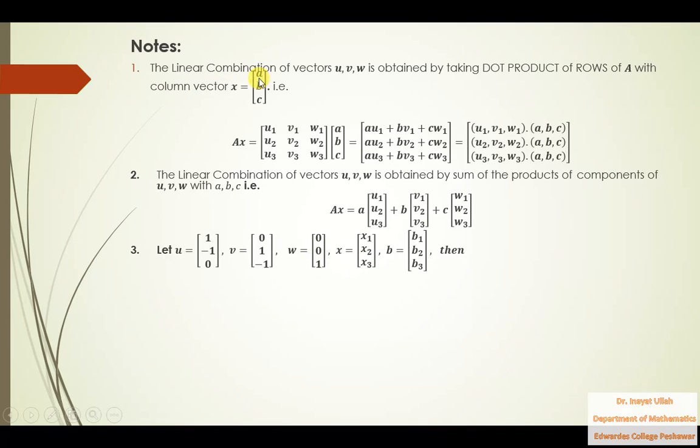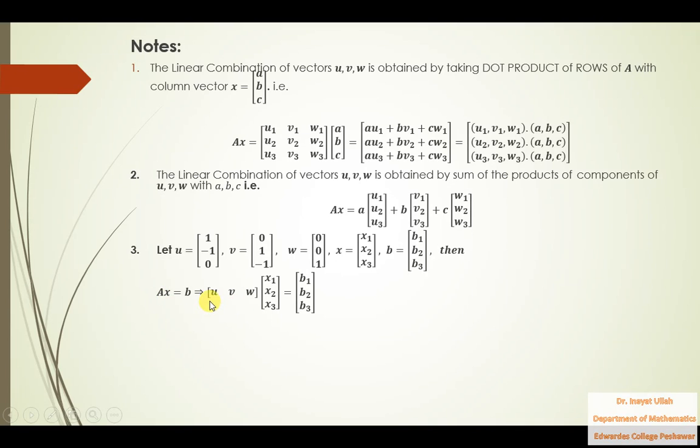And instead of a, b, c, we have taken x as x1, x2, x3. It is not necessary that you write x1, x2, x3; you can write a, b, c. But we have taken a column vector b, whose components are b1, b2, b3. Then Ax is equal to b.